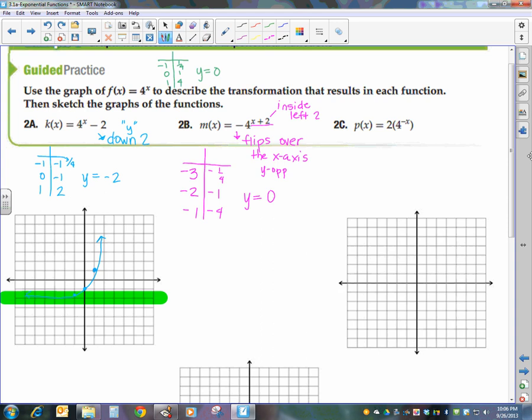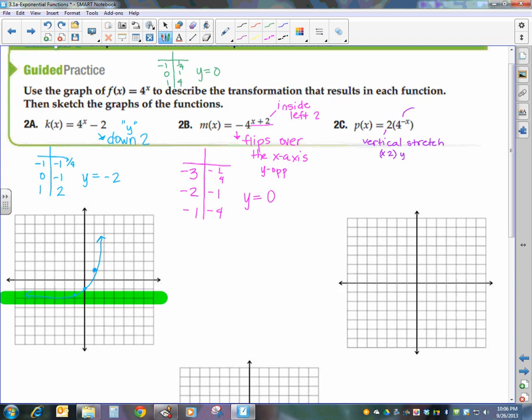And the last one we have on this example, we have 2 times 4 to the negative x. Okay, this 2, I'm sure y'all remember, is a vertical stretch. So if it's vertical, that means it's affecting the y, and I'm going to multiply times 2 every y value.